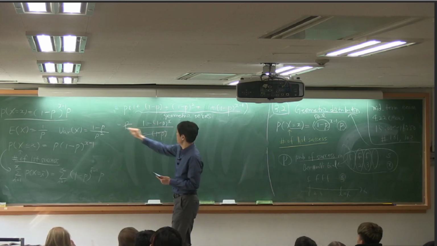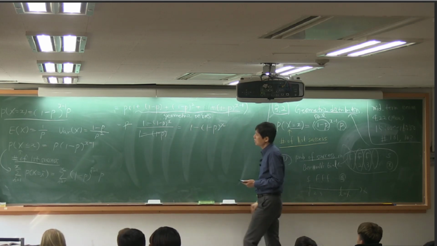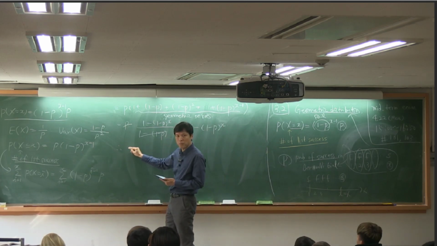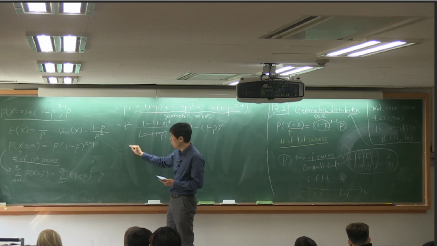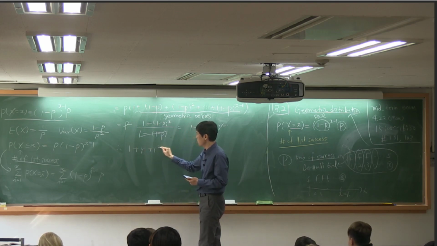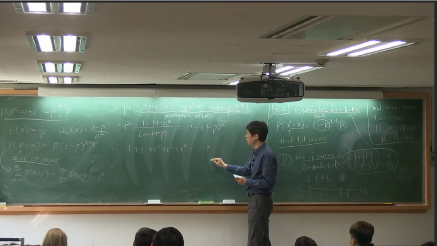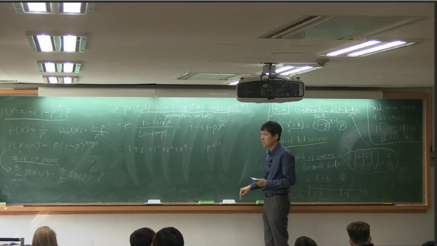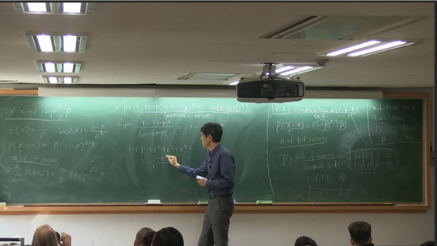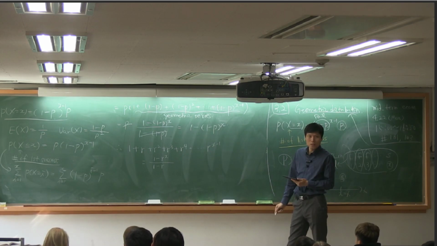Then you can cancel this and this, and this becomes 1 minus 1 minus p to the x. Remember the geometric series formula: if you have 1 plus r plus r squared plus r cubed plus r to the 4 until r to the x minus 1, then this becomes 1 minus r to the x divided by 1 minus r. You know this, right?